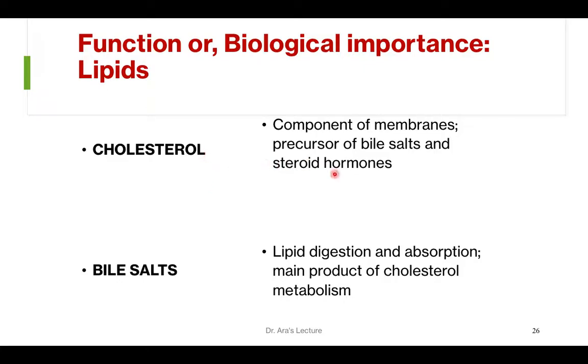Cholesterol: component of membrane and precursor of bile salts and steroid hormones. So in our body, if we need enough bile salts or steroid hormones, we need cholesterol, because cholesterol works as a precursor. Bile salts help lipid digestion and absorption, and are the main product of cholesterol metabolism.